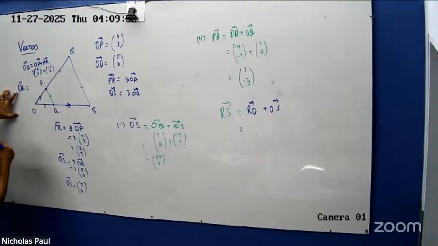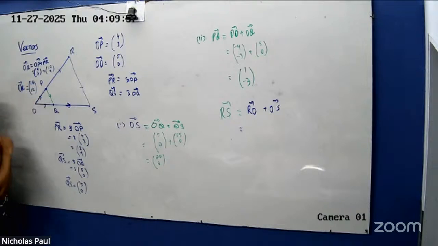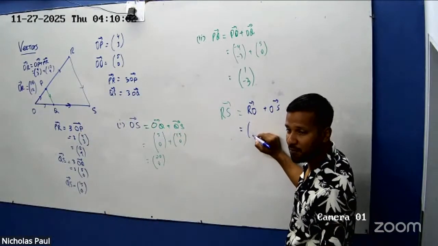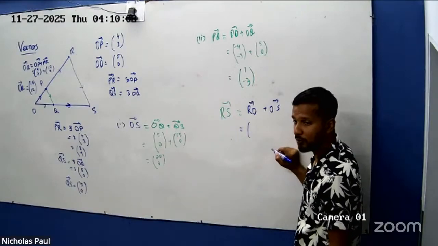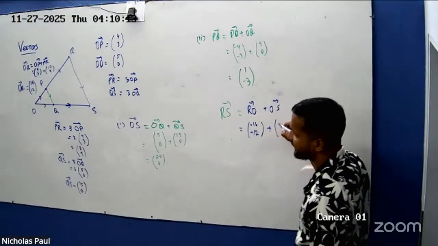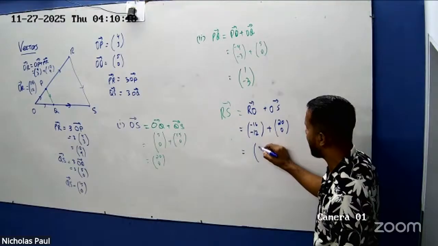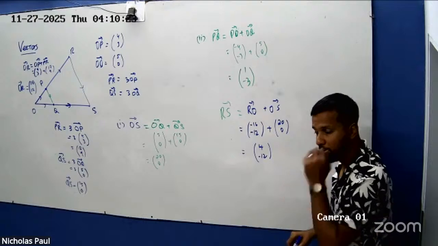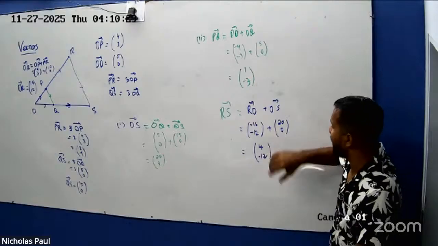OR is equal to 12, 16. What arrow? Negative 16. And then you add OS. OS is 20, 0. So I got 4 minus 12.